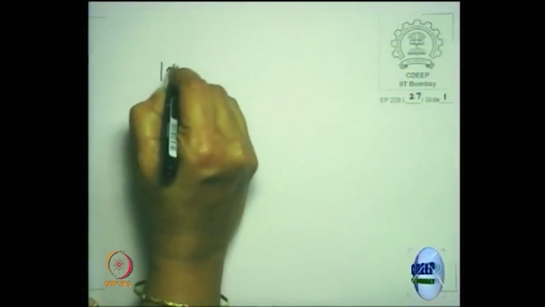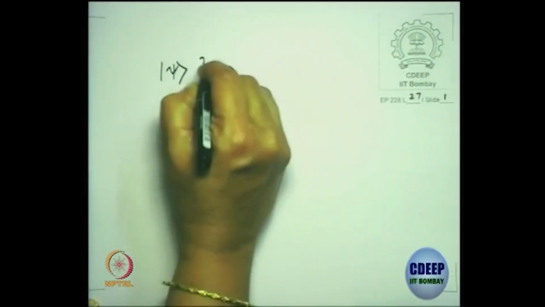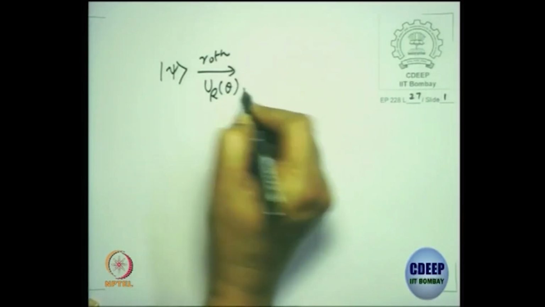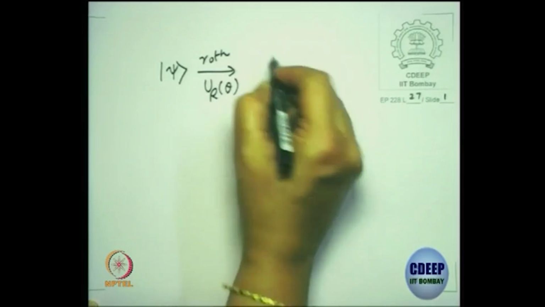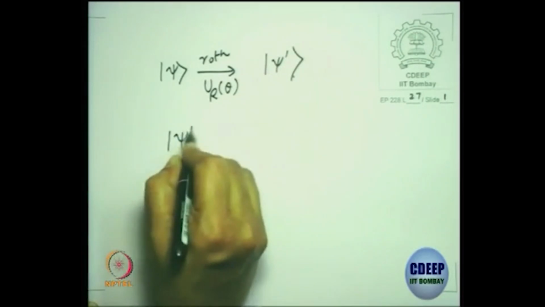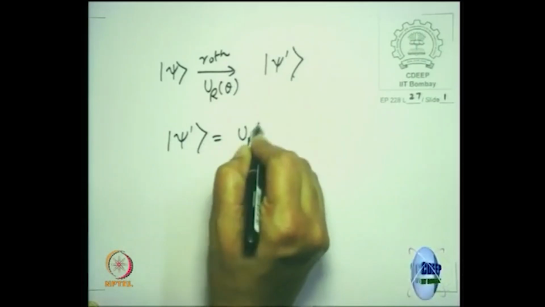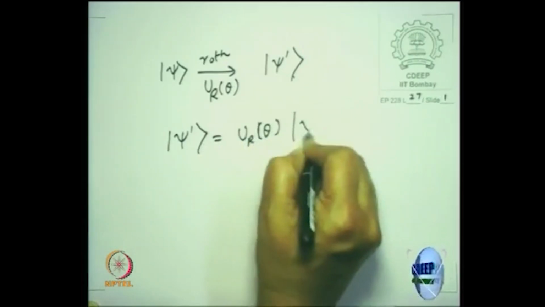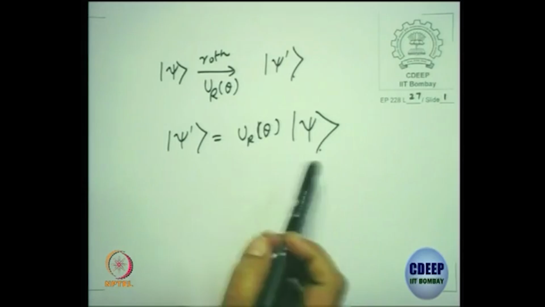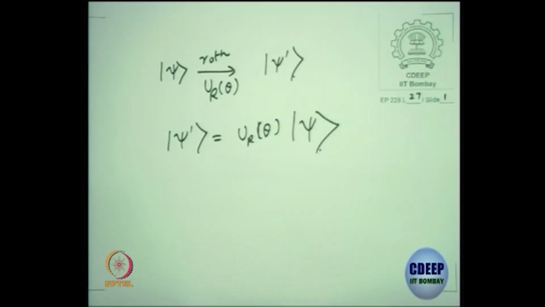So you have a state psi, you do a rotation, performed by U_R of theta, and that gives you psi prime. How will I write this? Psi prime is U_R of theta on psi. So there is a unitary operator which can rotate the state and give me a new state.